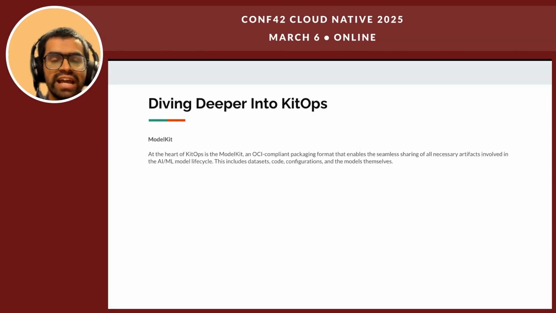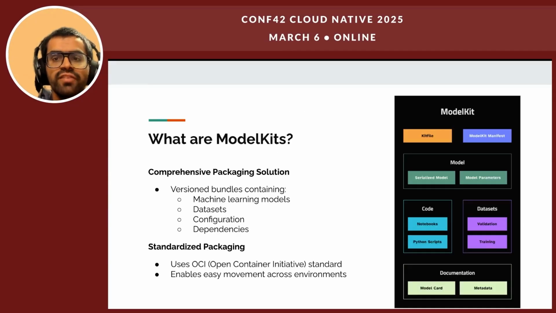Now let's dive deeper into what this ModelKit basically means. At the heart of KitOps is the ModelKit, which, as I mentioned, is an OCI compliant packaging format that will seamlessly take all of the different artifacts that you have in your machine learning lifecycle. This basically includes the dataset, the code, configuration, and the model itself, and packages them together into just one single unit, called the ModelKit, which can then be deployed to any OCI compliant registry.